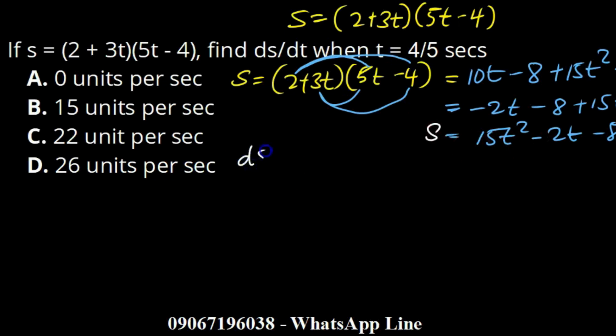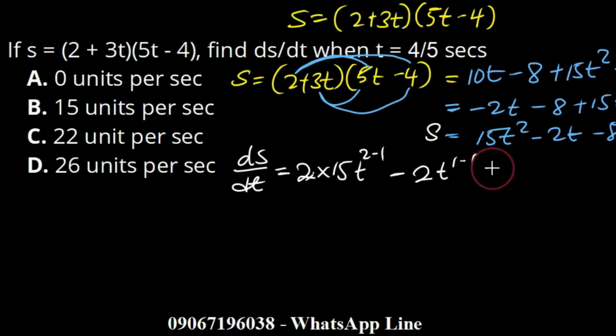If we differentiate, this is going to become 2 times 15t raised to the power 2 minus 1, minus 2t to the power 1 minus 1, and the constant is going to be 0. So if we go on, this is going to be 30t, and then minus 2. So that's what we'll have here. This is for ds/dt.